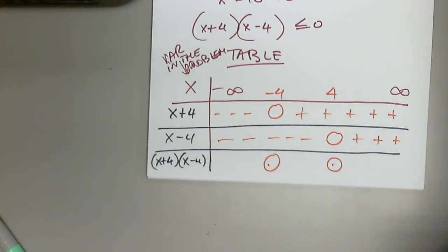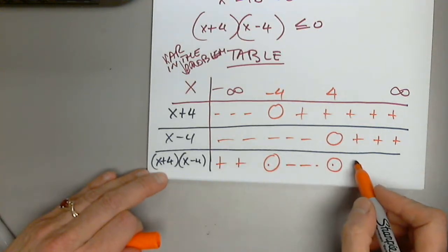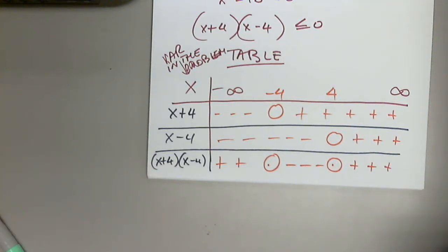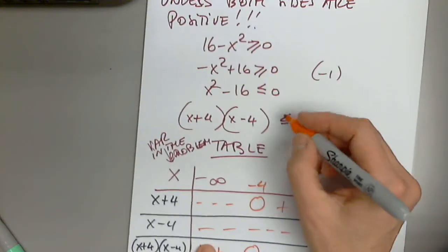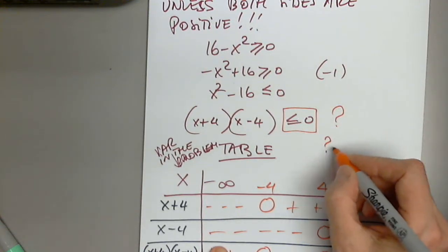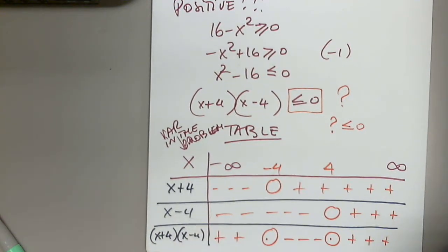And on the last one, both are positive. Perfect. Now, I look back and I ask myself, which sign is less than or equal to 0, because that's the one I need to pick. There is only one sign. We only have 2 signs. Which sign is less than or equal to 0?